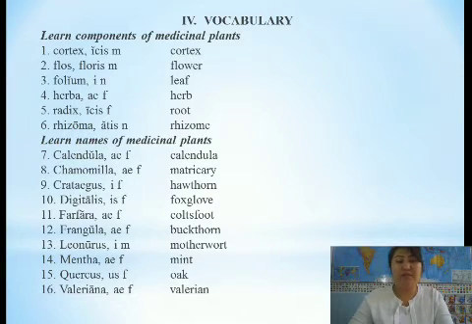Farfara, farfarae, feminine, coltsfoot. Frangula, frangulae, feminine, buckthorn. Leonurus, leonuri, masculine, motherwort. Mentha, menthae, feminine, mint. Quercus, quercus, feminine, oak. Valeriana, valerianae, feminine, valerian. It's very easy, yeah? You have to learn these words by heart, and it will be enough.